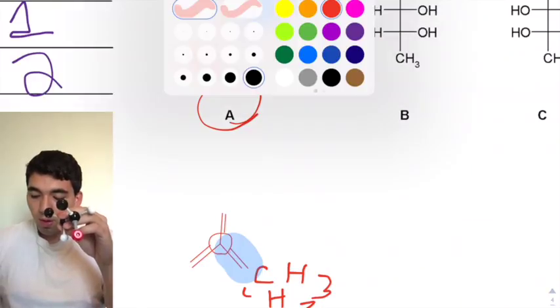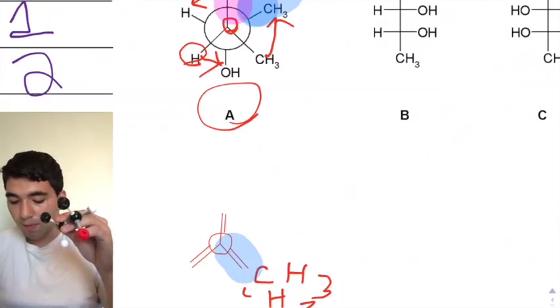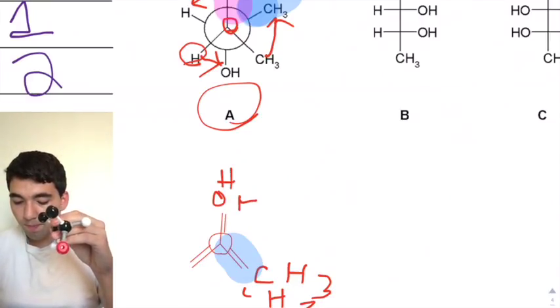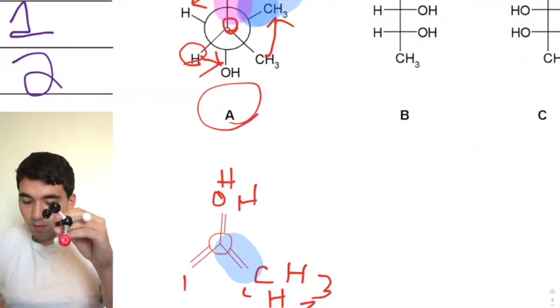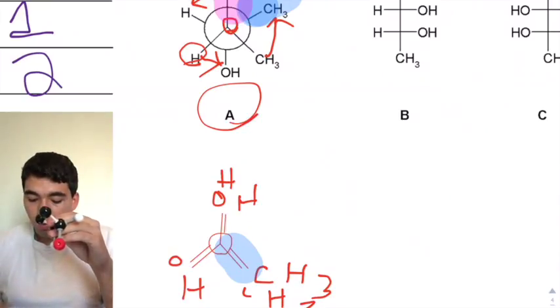Then I wanted to draw the next branch. This is the top one first on the crosshair, so that'd be the one on the left, and that is an OH and an H. On the other side I have an H, and on the bottom carbon there's an OH.